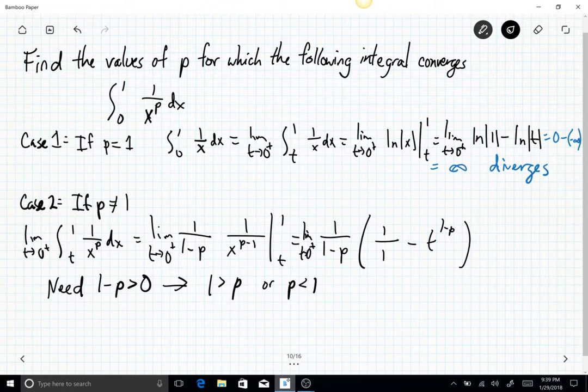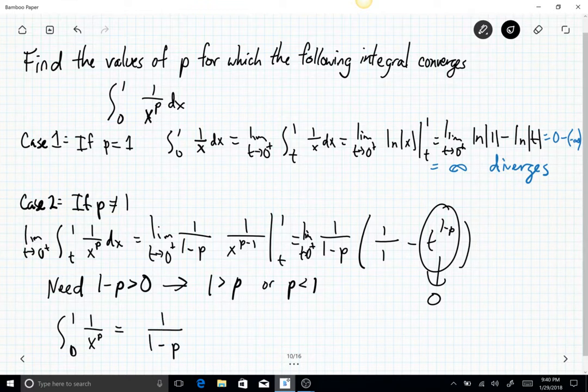So what happens then? Well, then this whole thing goes to 0. And so our integral from 0 to 1 of 1 over x to the p equals, well, that goes to 0, and then you're left with 1 over 1 minus p. So pretty similar to what happened in the other case.